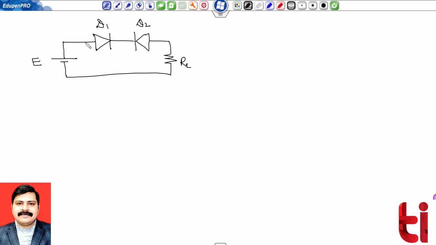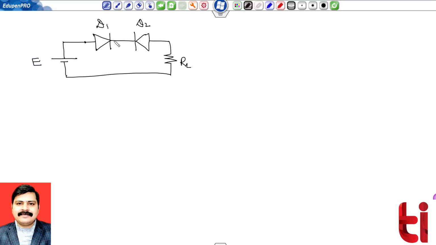You can check the anode of the first diode D1 is connected to the positive terminal of the battery, and the cathode of the first diode is connected to the cathode of the second diode. So in this situation, diode D1 will become forward bias, but as the positive terminal through this diode is connected to the cathode of diode D2, my diode D2 will be in reverse bias.